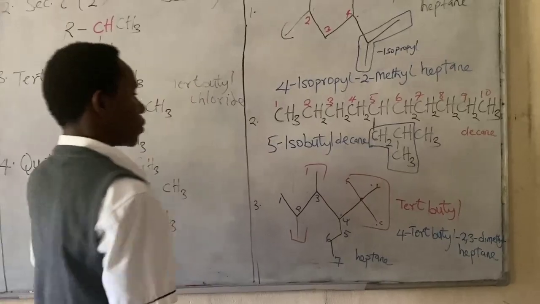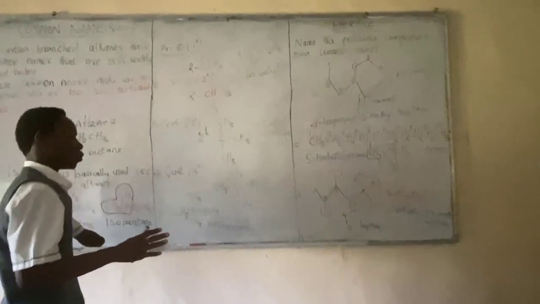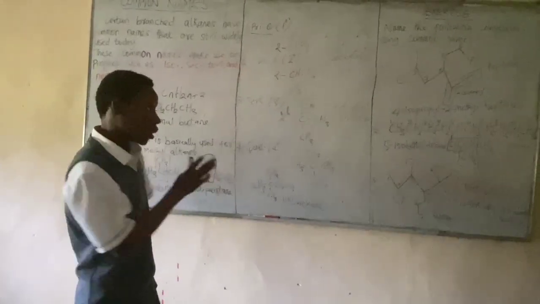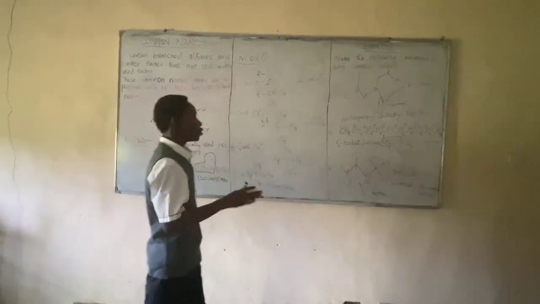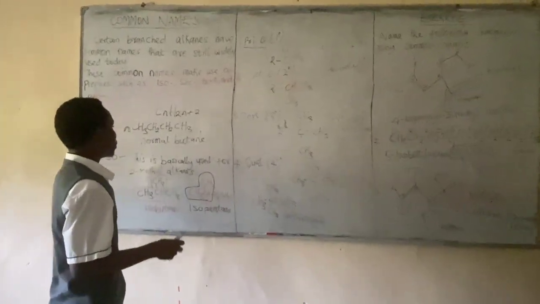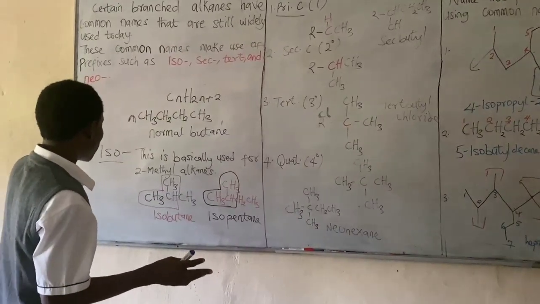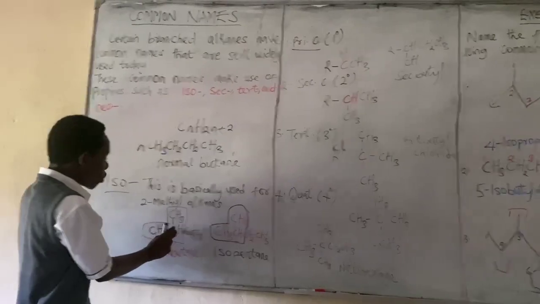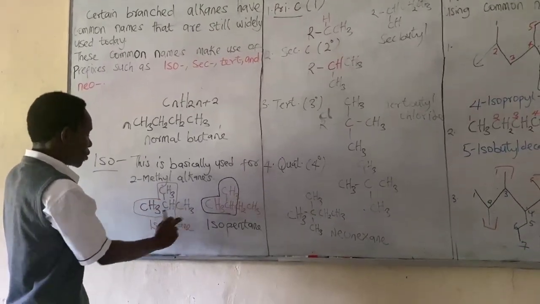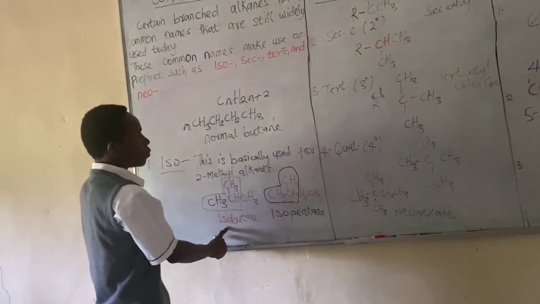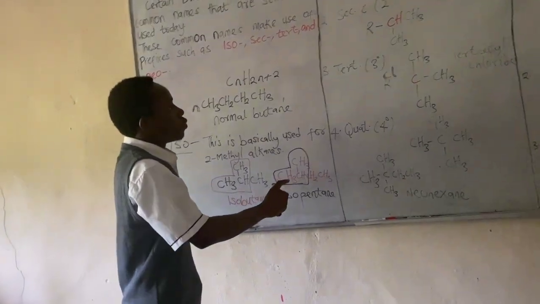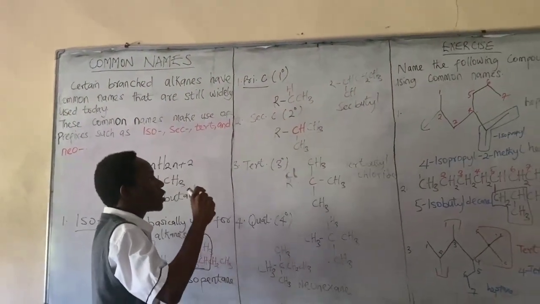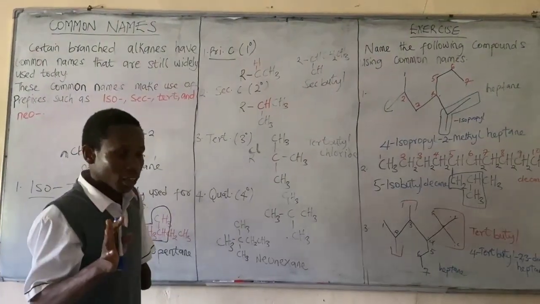This is how we name organic compounds, or basically our alkanes, using common names. Don't forget that whenever we see a methyl group on the second carbon of a chain like this, we use iso. Whenever we see the substituent attached to a secondary carbon, we use sec.